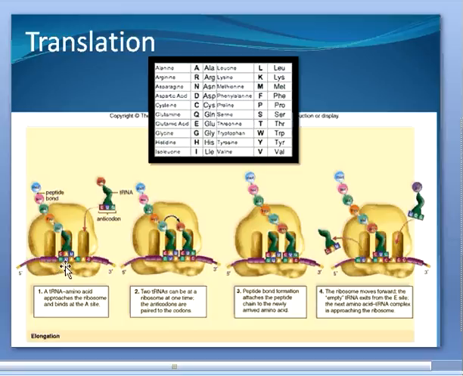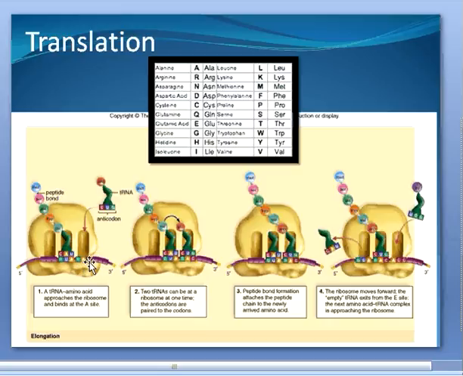So here we see that here's that transfer RNA that has a specific amino acid on it. The three bases on it match to these bases, and so that brought the appropriate amino acid in here and joined it to the growing chain of amino acids. Here's our ribosome in the back.